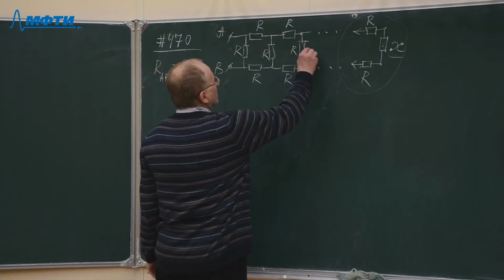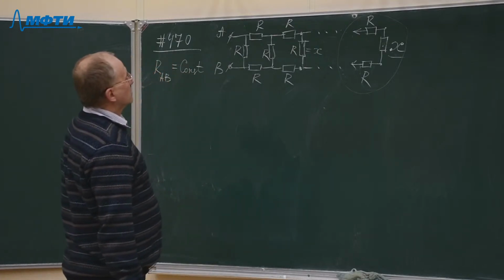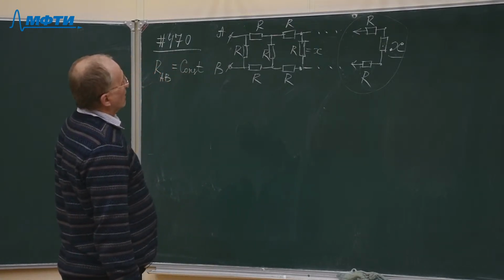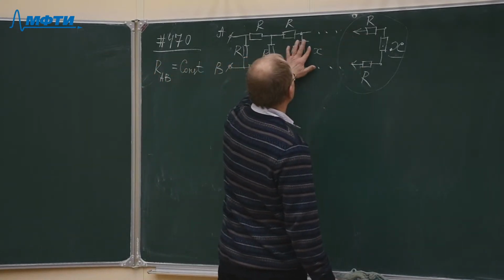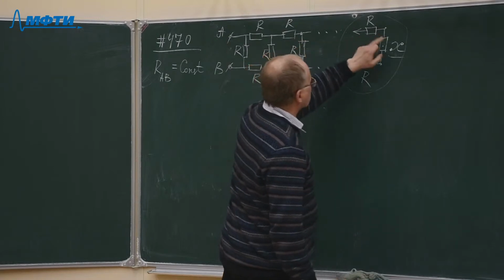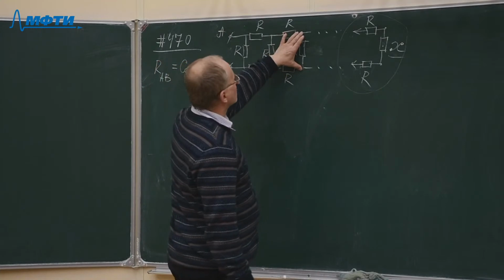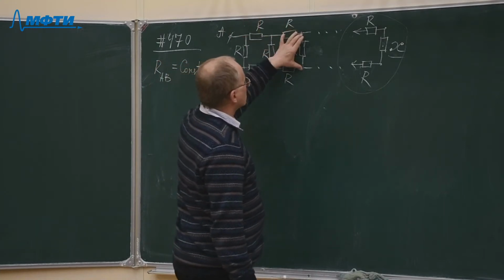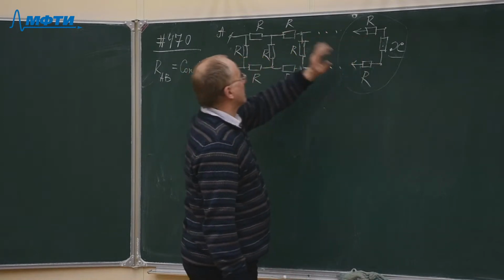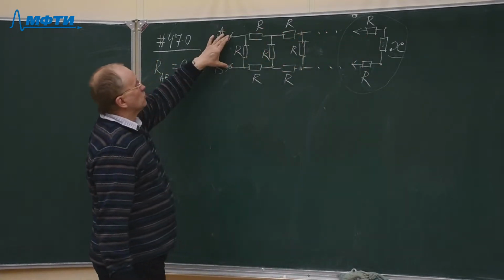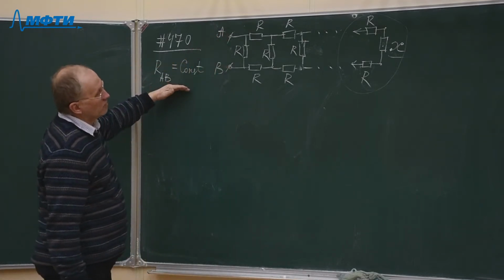If the last resistance was X, and if we attach another element here, so that this resistance is R and X is here, then nothing changed. The resistance between these 2 points does not change. If it does not change upon connecting another cell, then the resistance between points A and B also will not change, and we will satisfy the condition of the problem.